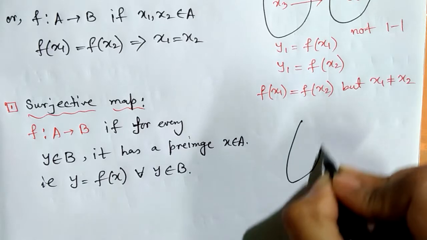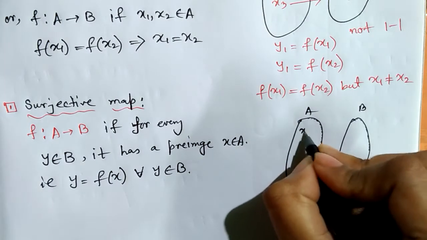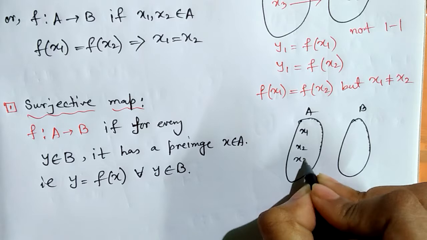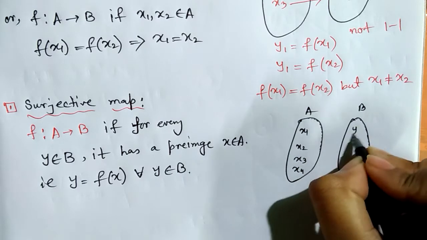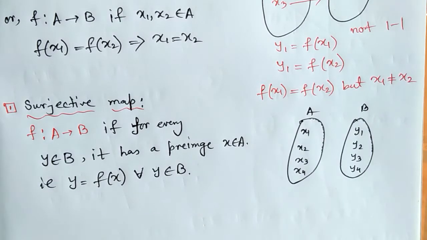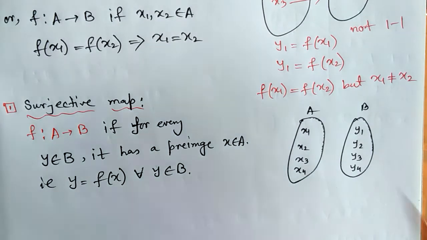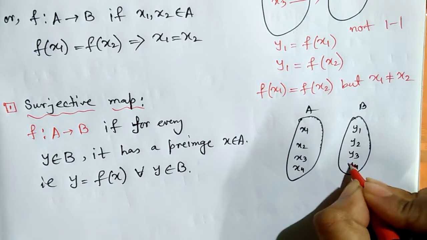So here the figure is like this. Suppose this is A, this is B, this is x1, x2, x3, x4, this is y1, y2, y3, or I omit this y4.